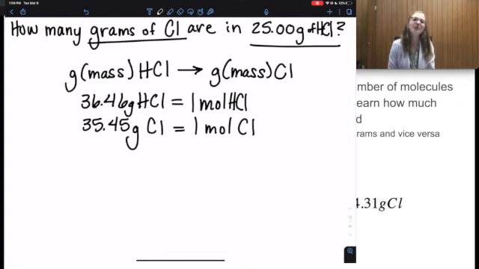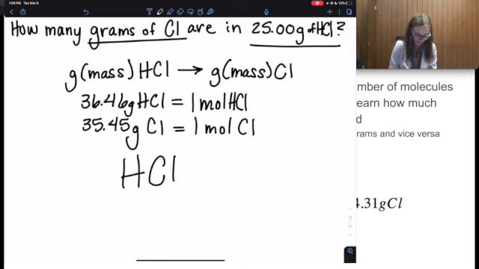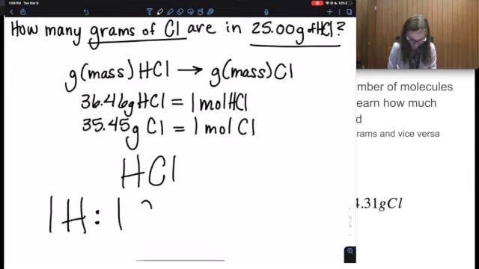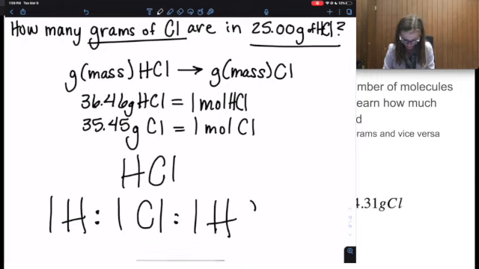However, there's one more piece of information hidden in your problem, okay? If I have the chemical formula HCl, this tells me a couple of things. It tells me that for every 1 hydrogen atom I have 1 chlorine atom, and that's the same thing in ratio as having one HCl molecule.